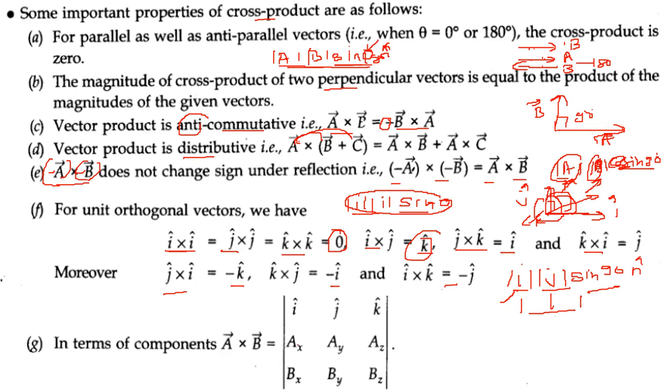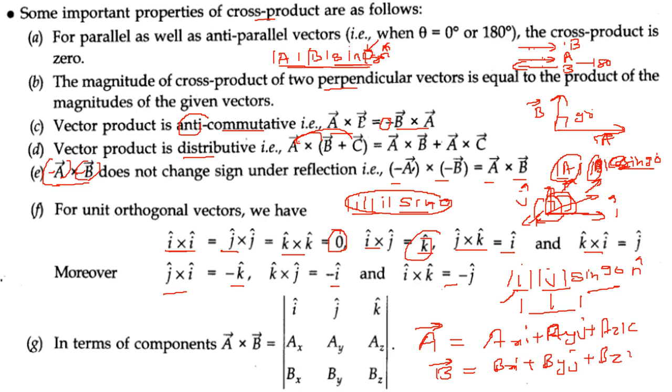If you take the components, say I take a in the form of components, this will be axi plus ayj plus azk, and I take the components of b also, bxi plus byj plus bzk.